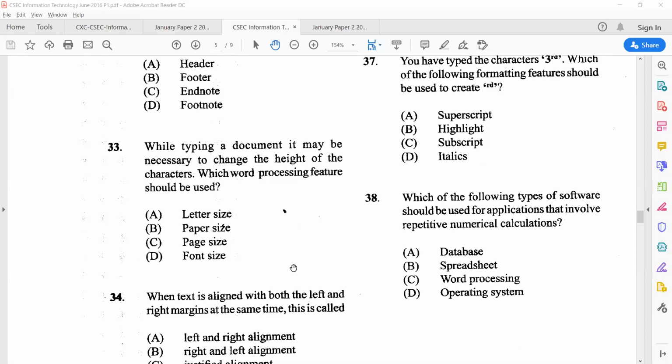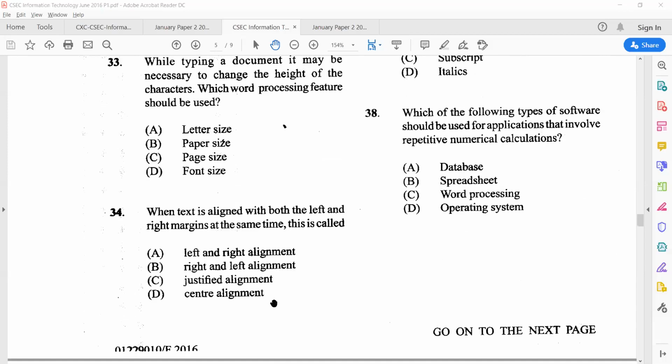What this question is basically asking is they want to make the characters either bigger or smaller. And when we do this in any word processing program, we're adjusting the font size. Okay, so the answer for 33 is the font size.